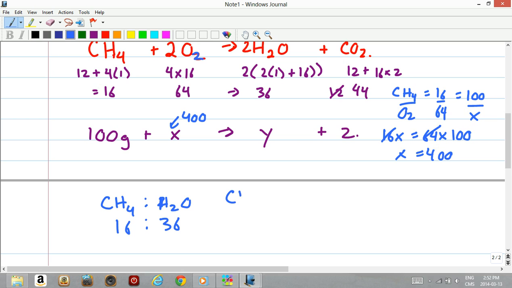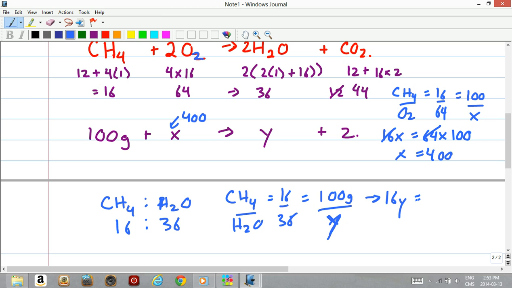So when we set up our equation, methane to water, we have 16 over 36. And if we use up 100 grams of methane, how much, it's a y, how much water would we produce? Again, we do the same thing. We do the cross multiplication, so this gives us 16y equals 36 times 100.